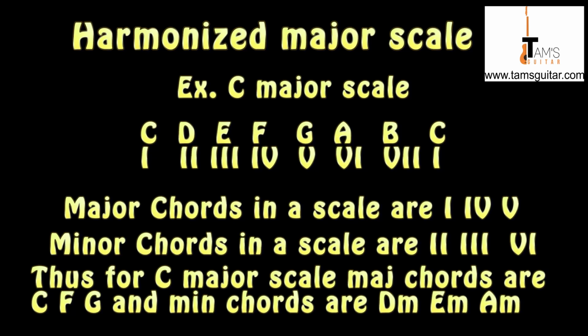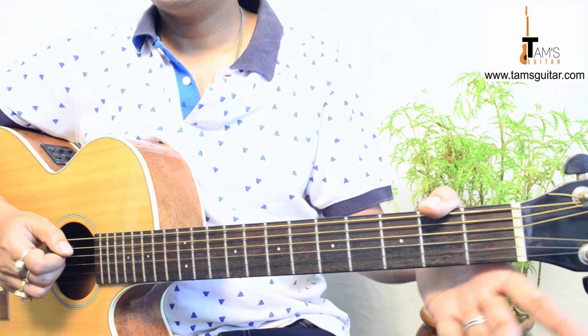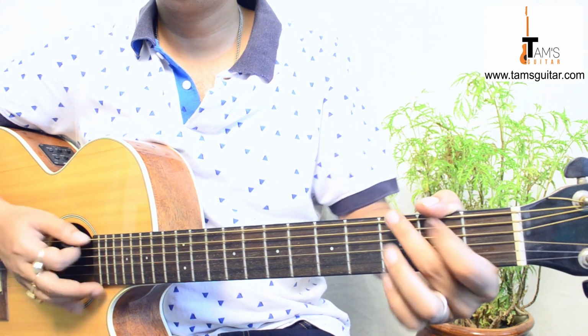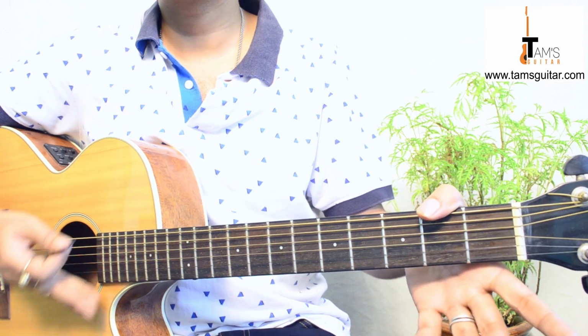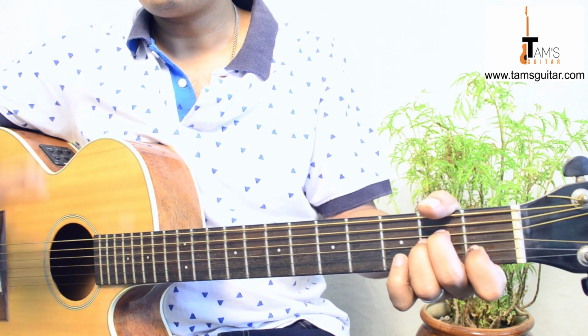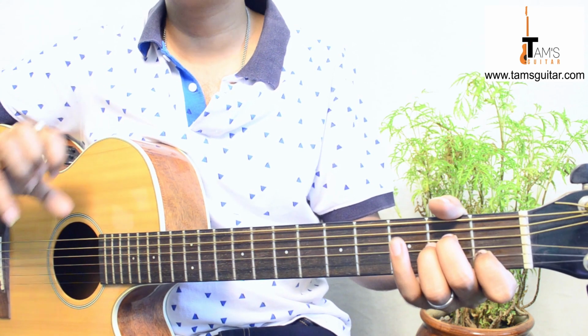Alright, so if a song is in C major scale, and if I know which chords are there in C major scale, then all the notes from C major scale are valid with every chord. So what I'm trying to say is, the 3 major chords in C major scale are C, F, G, and D minor, E minor and A minor are the minor chords. So these 6 chords are coming from C major scale.